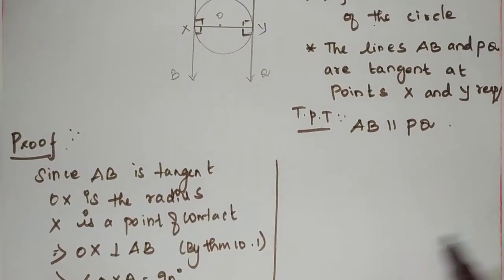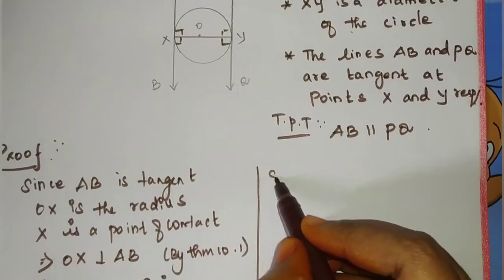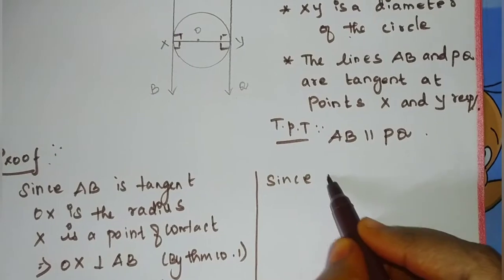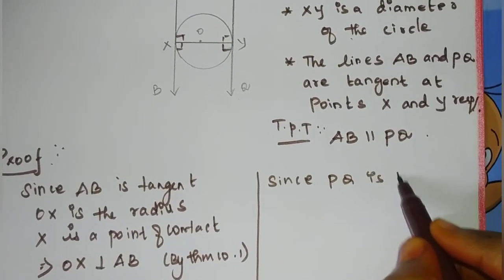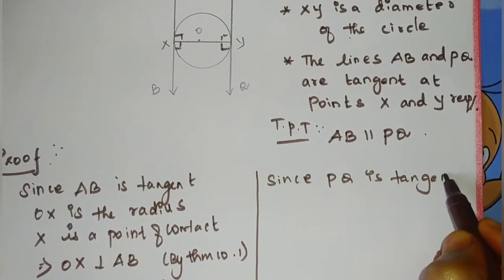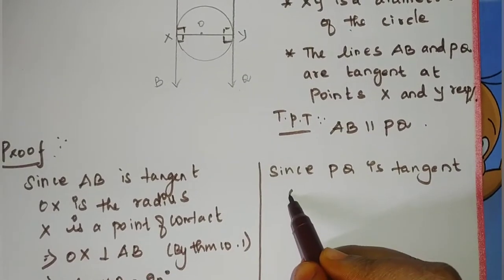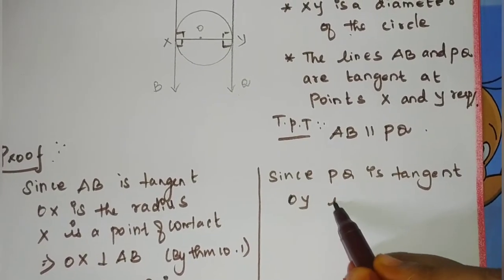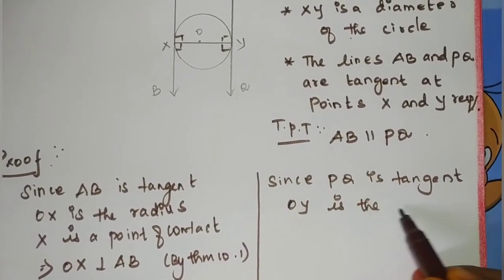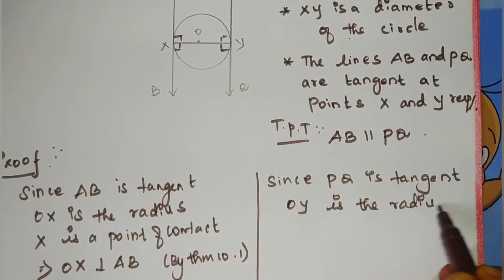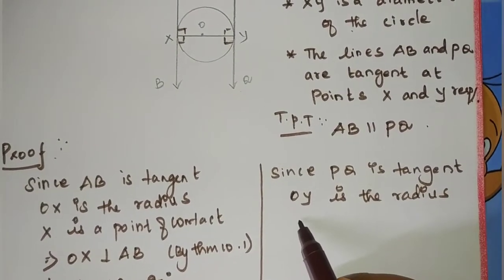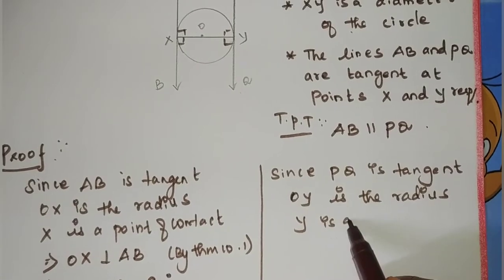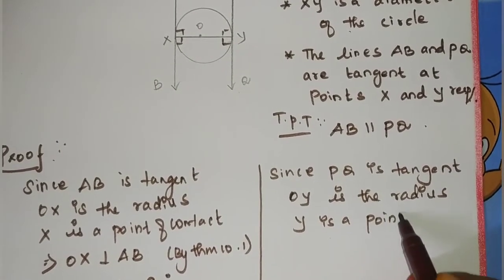And then another one we have now. Since PQ is tangent, OY is the radius, Y is the point of contact.